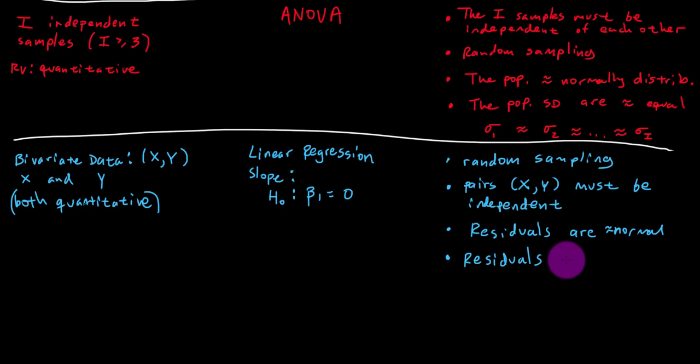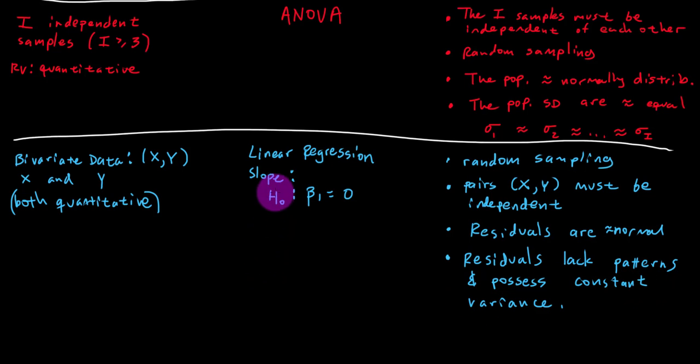As such, these residuals should not have any patterns, and that often takes shape as such that they have a constant standard deviation, constant spread or variance. So linear regression, as we've discussed it, is more about the relationship between x and y, between the bivariate variables here.